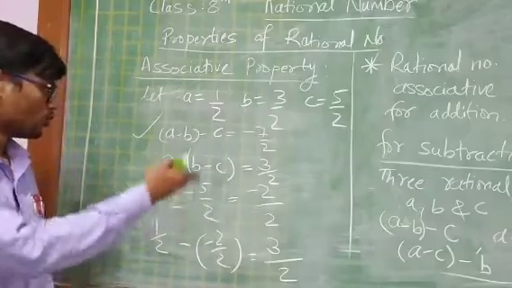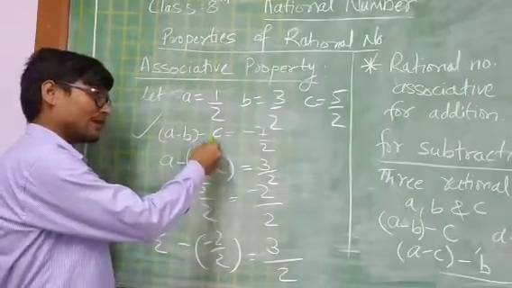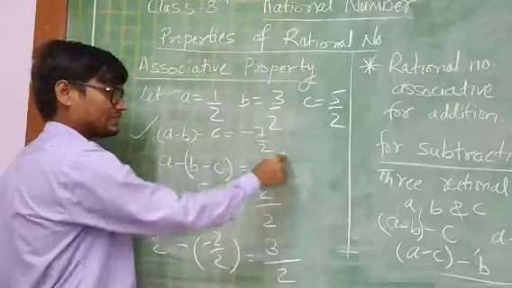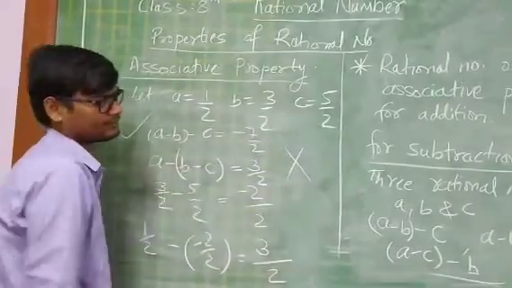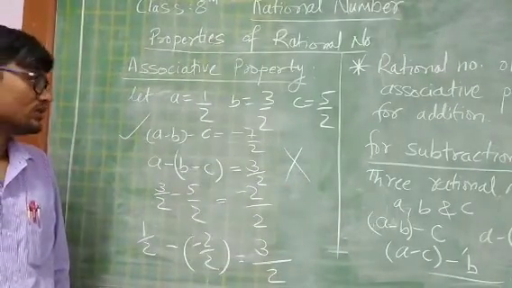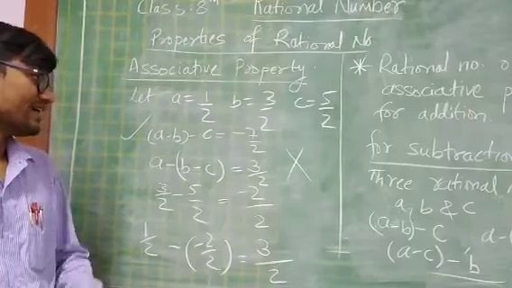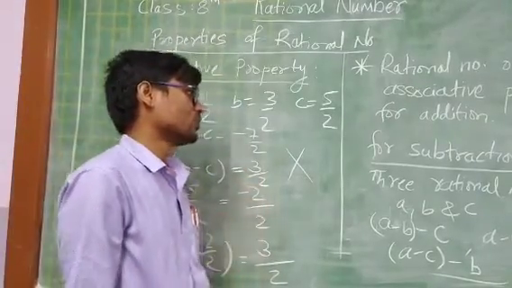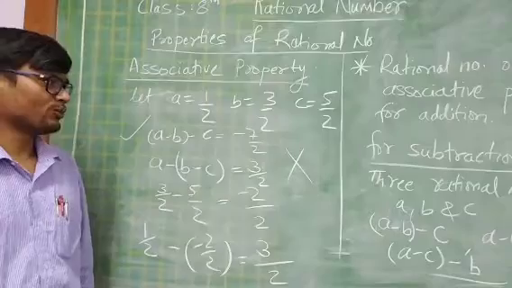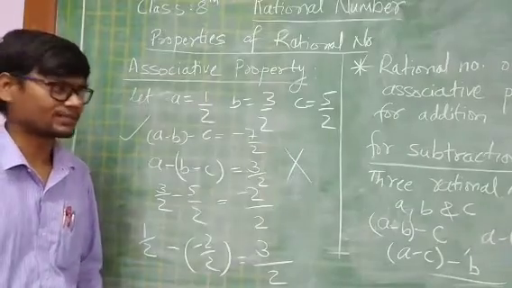Now we can conclude that the values for these two expressions are not equal. So we can say that rational numbers do not obey associative property for subtraction.